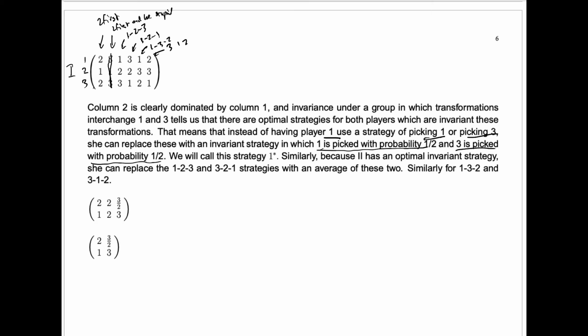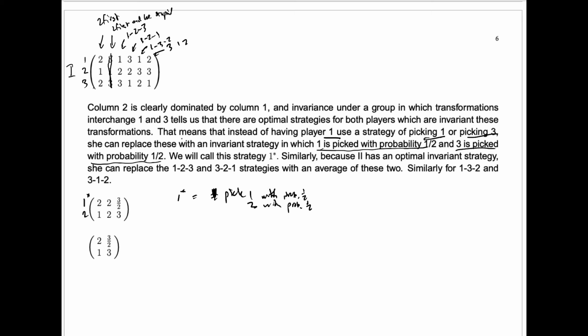So instead of having the choices be 1, 2, or 3 for player 1, I'll label this first row here 1 star, and the second row 2, where 1 star is pick 1 with probability 1 half, and 3 with probability 1 half. Row 2 here just represents picking a 2. But row 1 now will be pick a 1 or a 3, half the time either one.